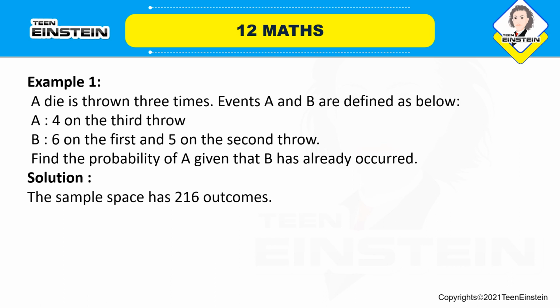So first I will write the sample space. How to write the sample space? I said the sample space is the collection of all possible outcomes of the experiment. What is the experiment we have done here? It's throwing of a die. Suppose I am throwing a single die.